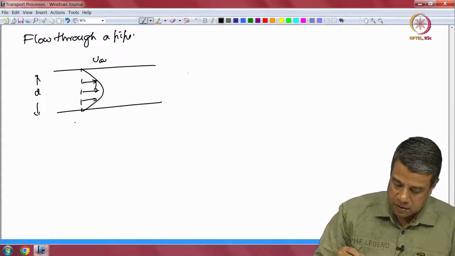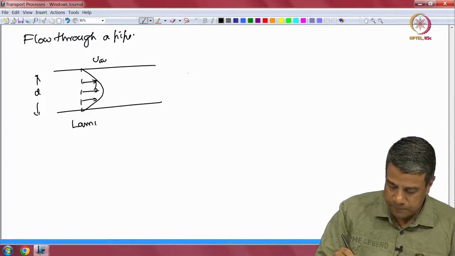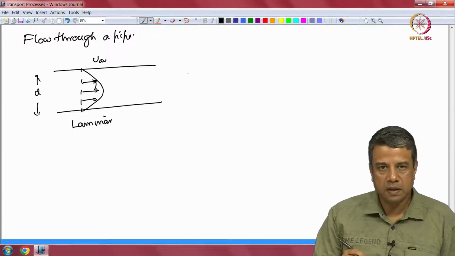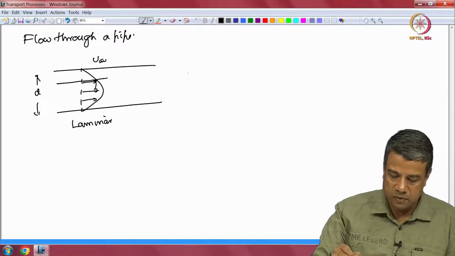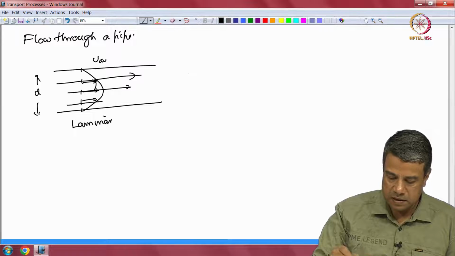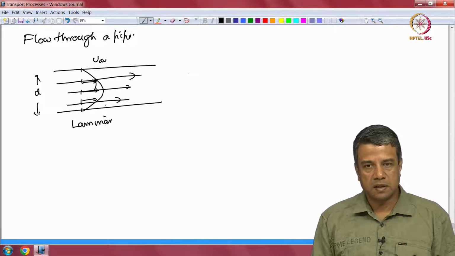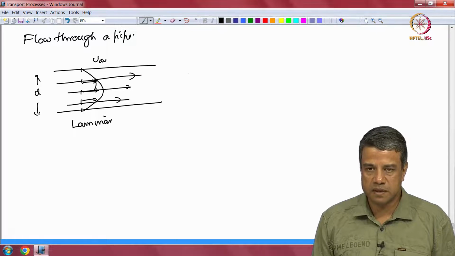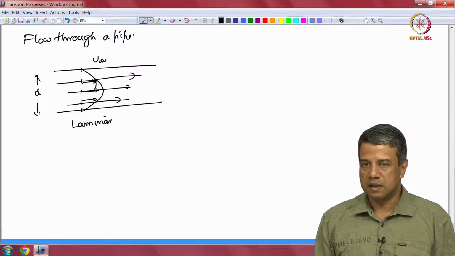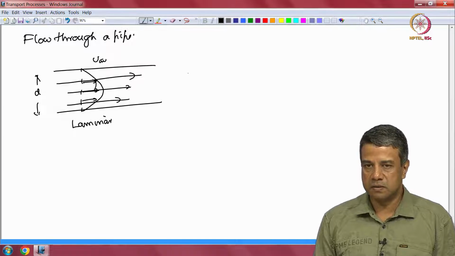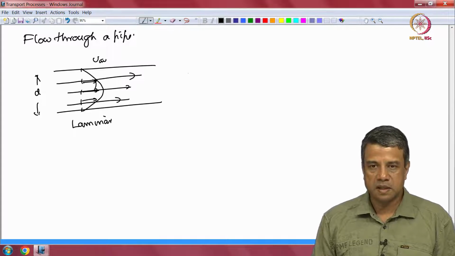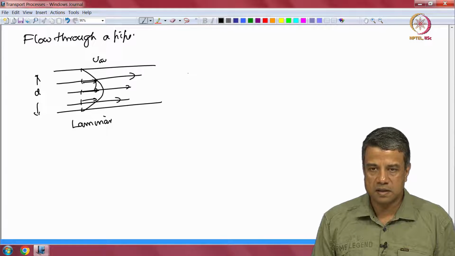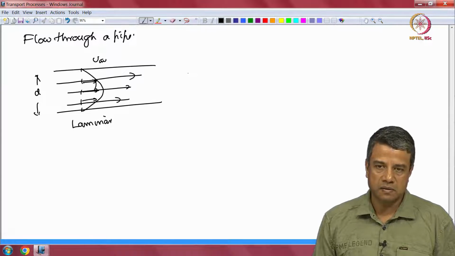One is what is called a laminar flow, where basically you have smooth and straight streamlines, where the velocity does not fluctuate with time. So, if you apply a fixed pressure difference across, and after the initial transients have died down, you reach a steady flow where the velocity is independent of time at each location.